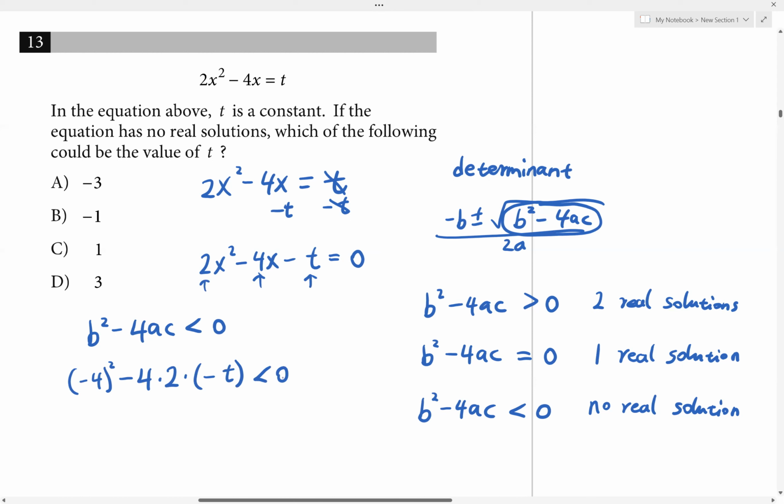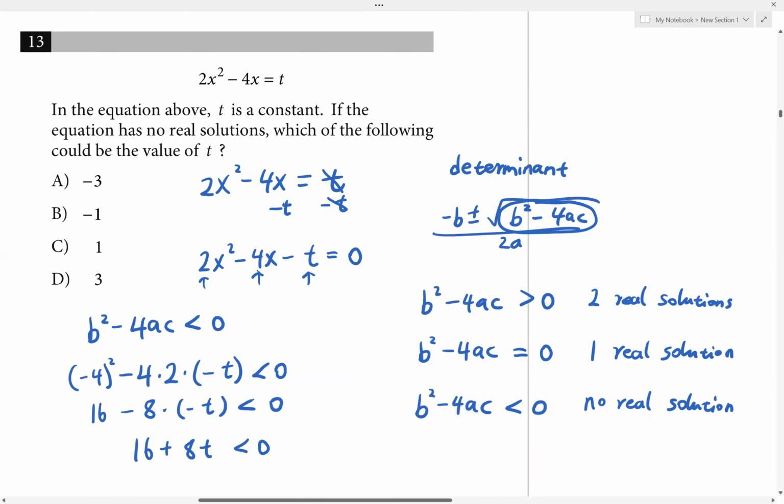To solve from here, negative 4 squared is 16, minus 4 times 2 is 8, times negative t, less than 0. Negative 8 times negative t is positive 8t, so it'll be 16 plus 8t less than 0.